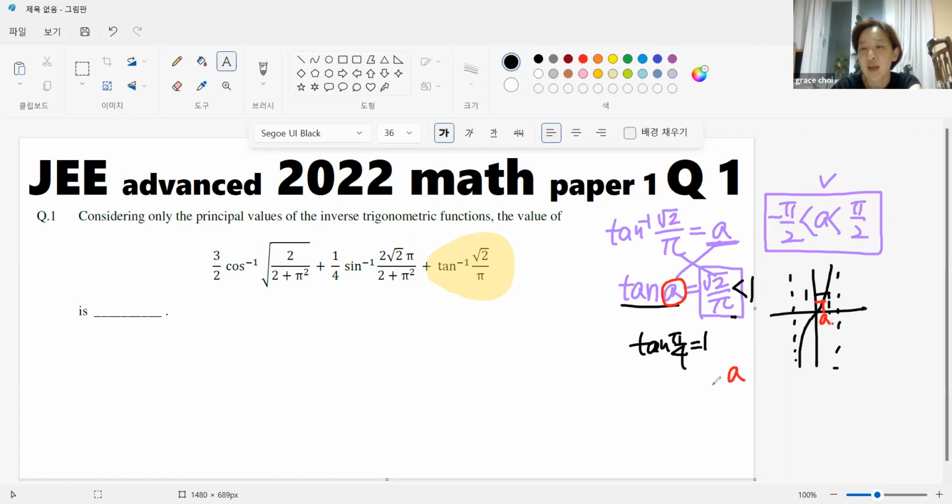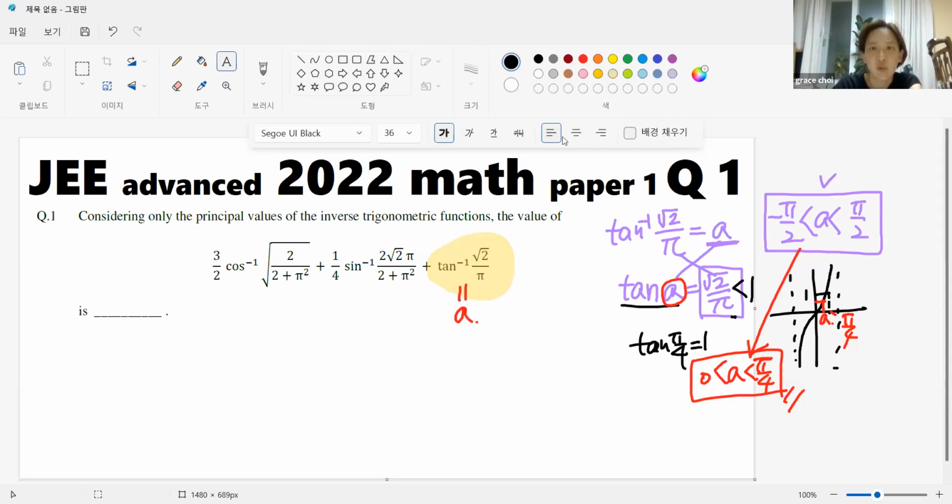So we can say A is between 0 and pi over 4. Here is pi over 4. I just narrowed down the interval from here till here, the more concrete interval. Okay, what's the next step? Anyways, the yellow one is A.